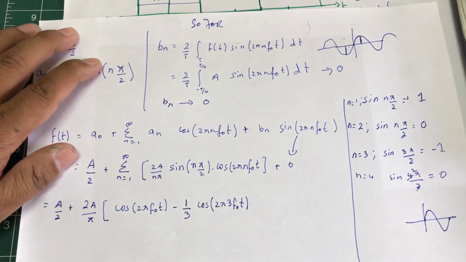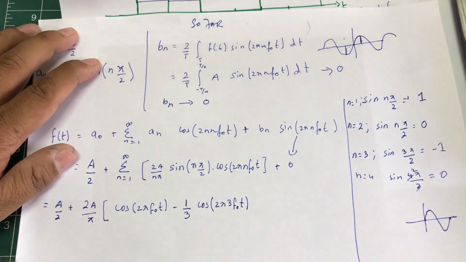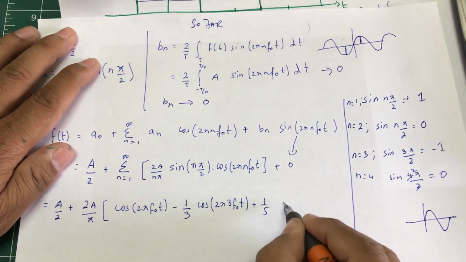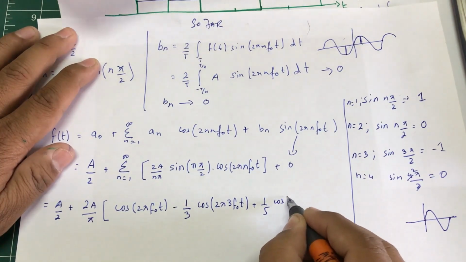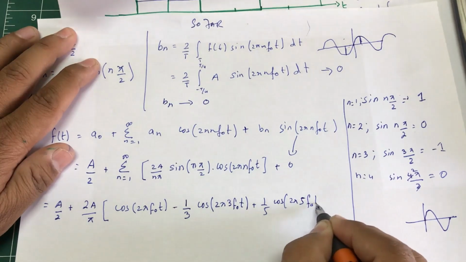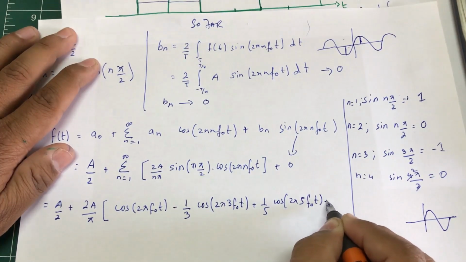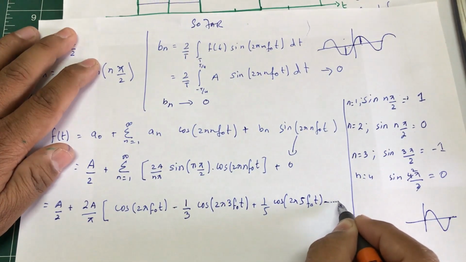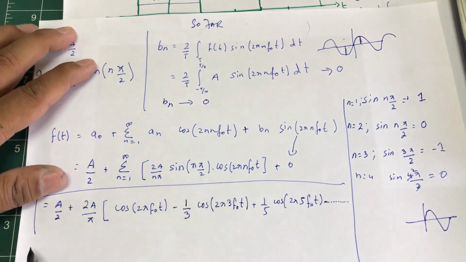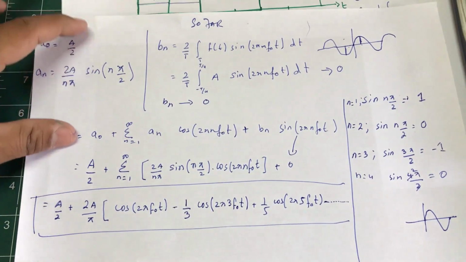So the 4th component will not be there, then the 5th, and then the 6th, and this is how this would look like. Cos 2 pi 5 f naught t, and so on, all the way up to infinity. This is what you would see.